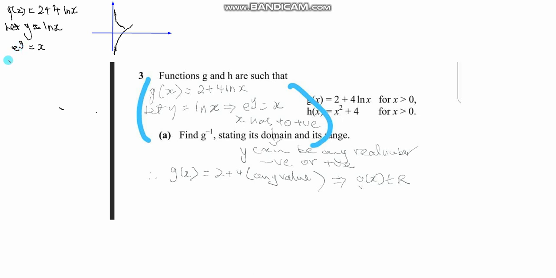When y equals 0, e to the power of 0 equals 1.